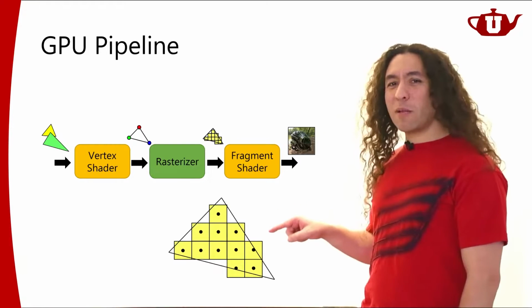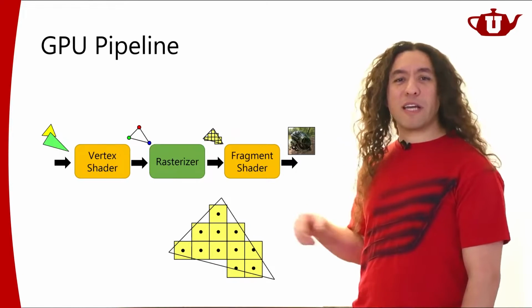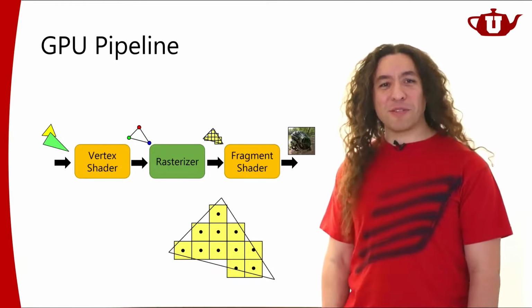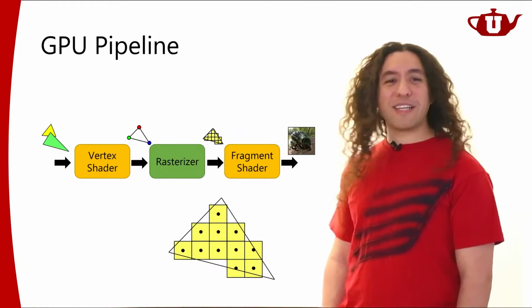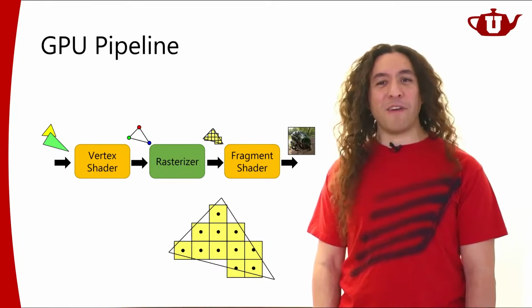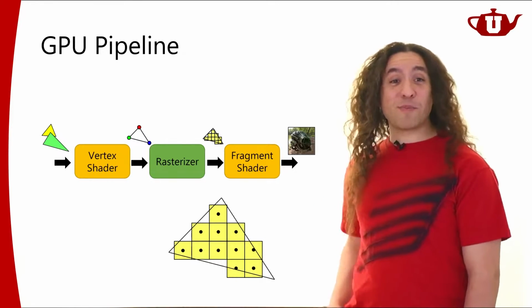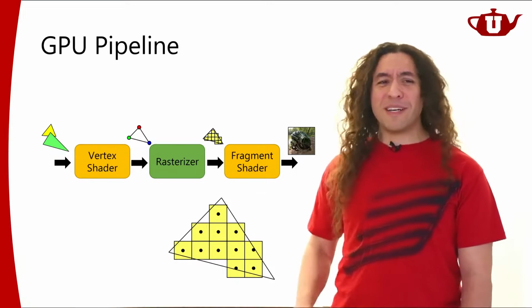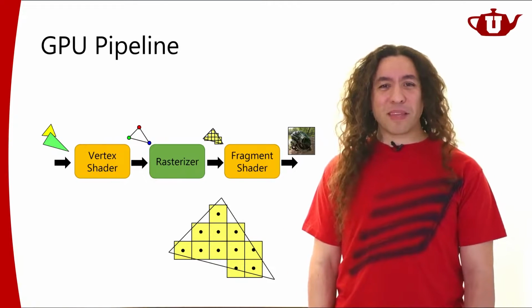So this is a little bit of a simplified picture, is what I'm trying to say. But because this is an interactive computer graphics course and we're talking about the details of how GPUs operate, I felt compelled to explain that detail that we don't necessarily need to know to program GPUs.